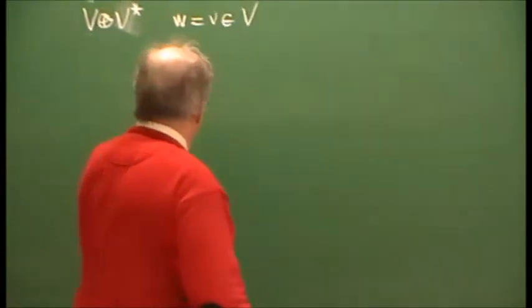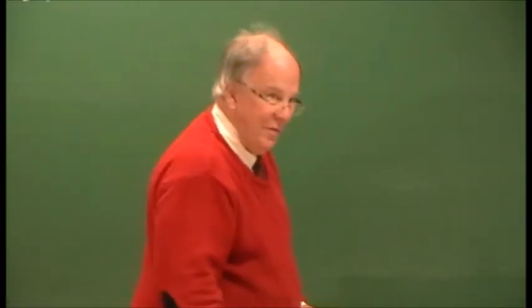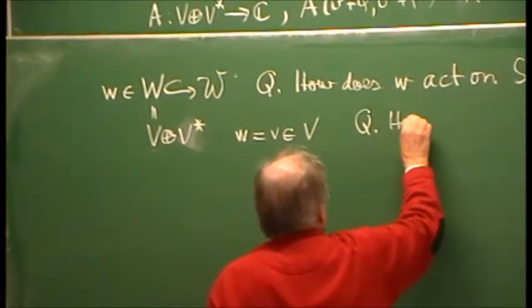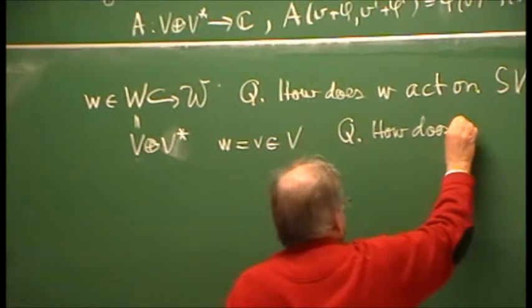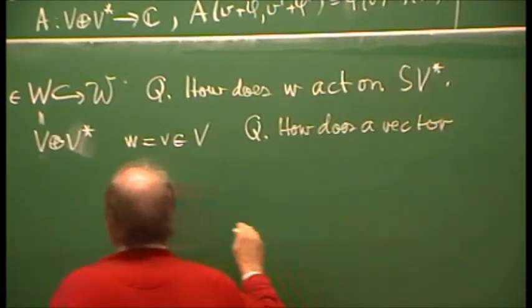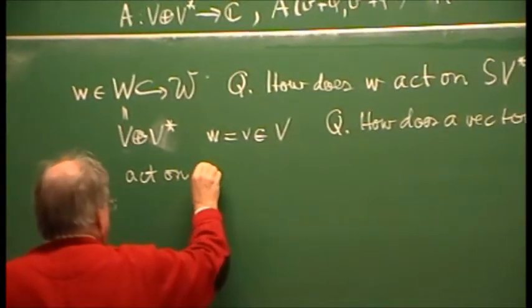How should a vector in V act on a polynomial? Let's write that question in clear text. How does a vector act on a polynomial?